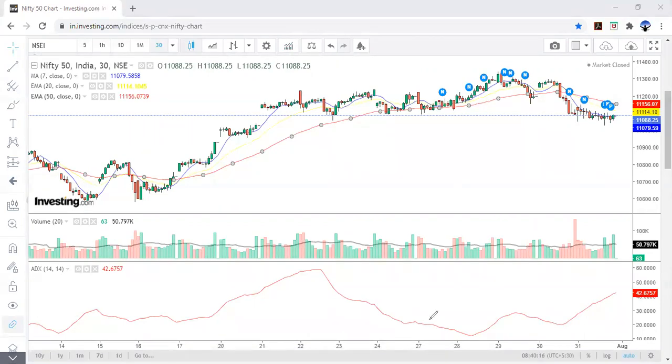And now you can see here the ADX is below 20. In this situation, movement in this range will not be good. So this is only for confirmation while we decide whether to enter a trade or not.